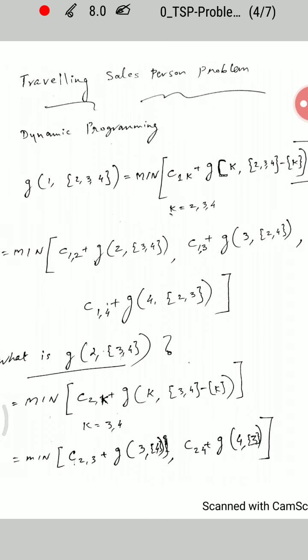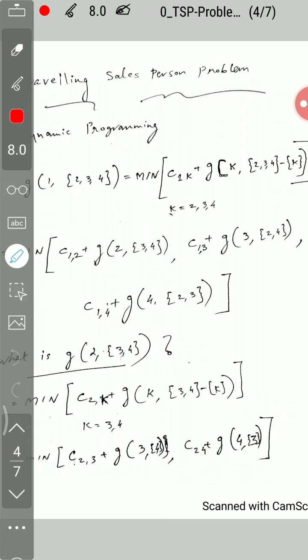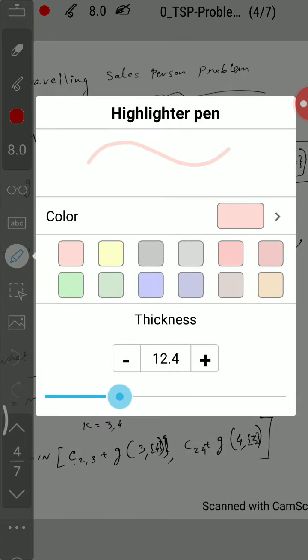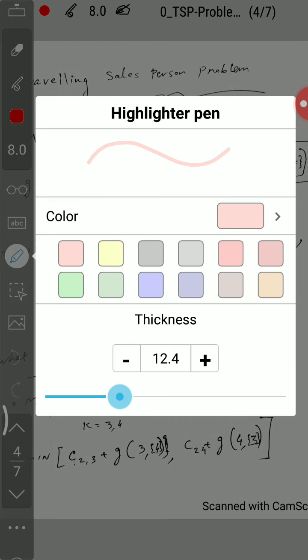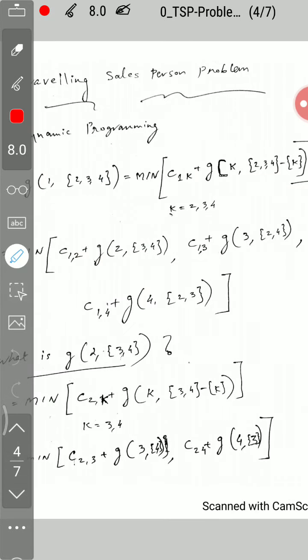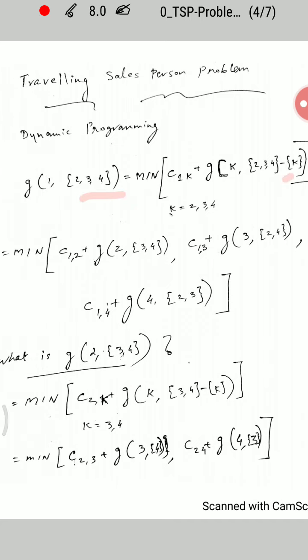G(1, {2,3,4}) is equal to the minimum over k of C1k, which is nothing but the cost of the edge 1 to k, plus g(k, {2,3,4} minus k).